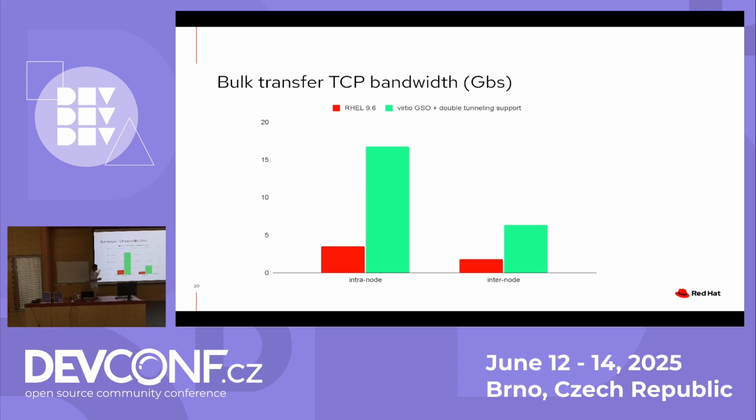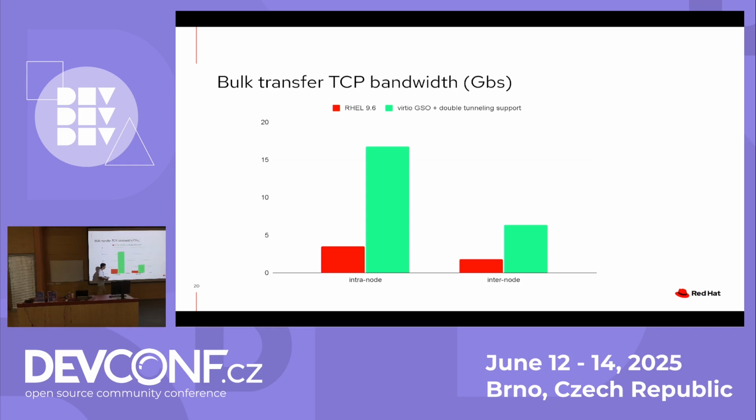The kernel used was the vanilla kernel for 9.6, and I had two use cases. One is intranode traffic between pods laying on the same Openstack node, possibly different Openshift node, but belonging to the same Openstack node.